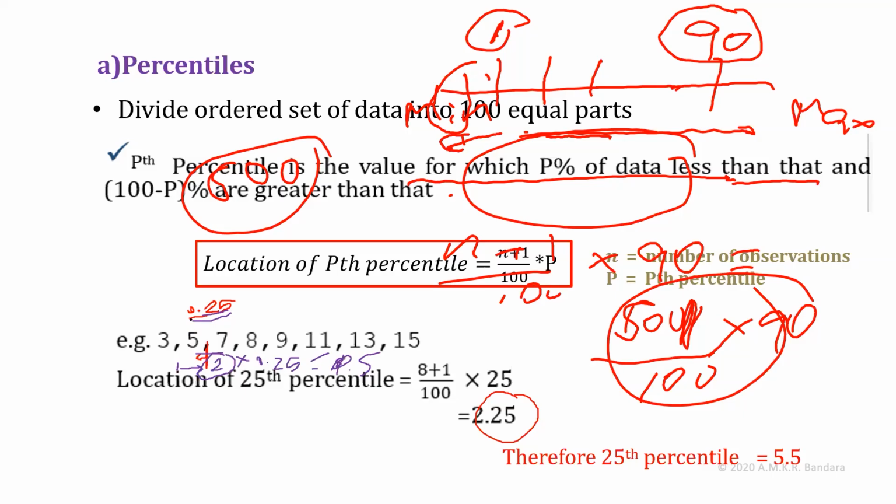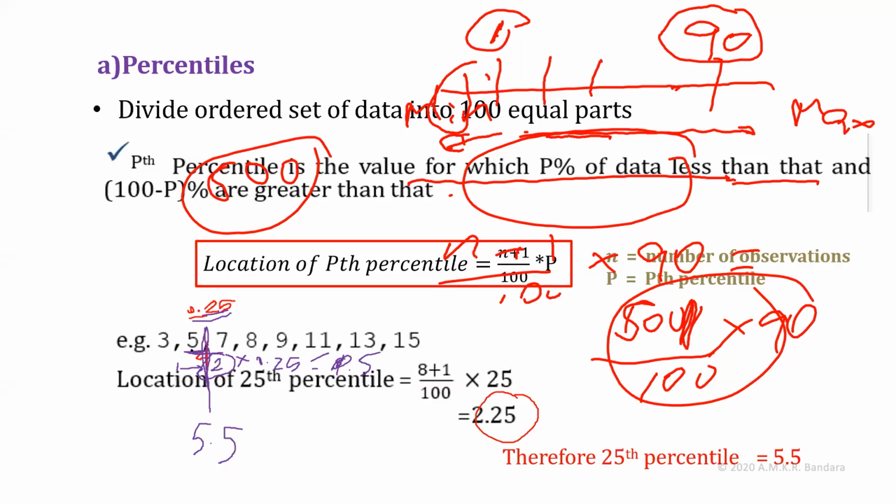So the 25th percentile will be 0.5 unit away from the second observation. The second observation is 5, and we have to go another 0.5, so that value will be 5.5.